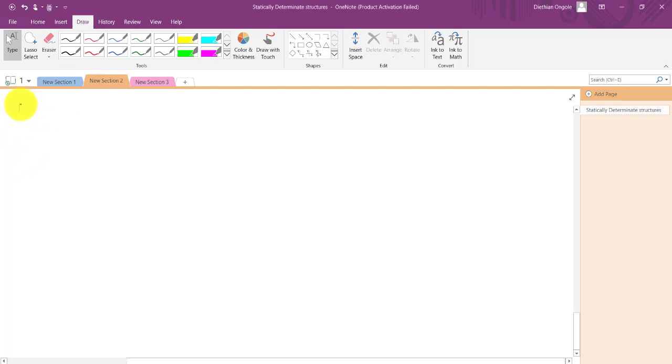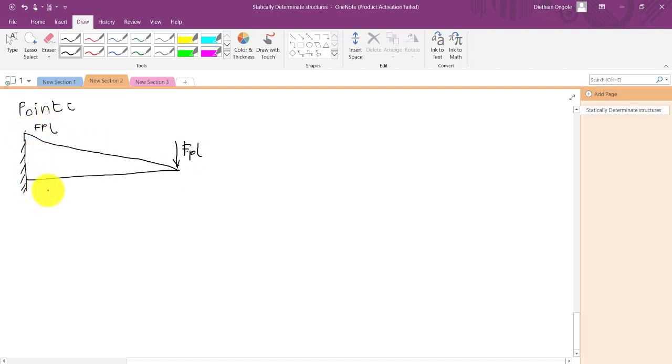So we come to point C. We take on the same procedures. We said that we first have to draw the bending moment diagrams. We begin with that of the action of the original load of value Fp. Here we shall have a magnitude of FPL for the moment.